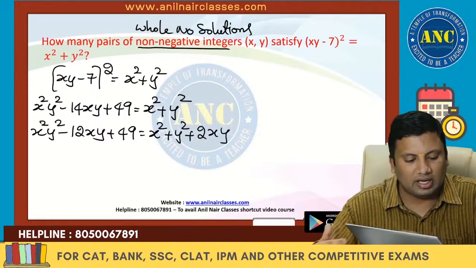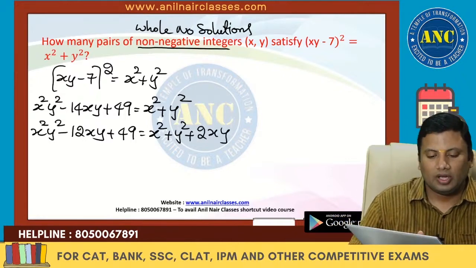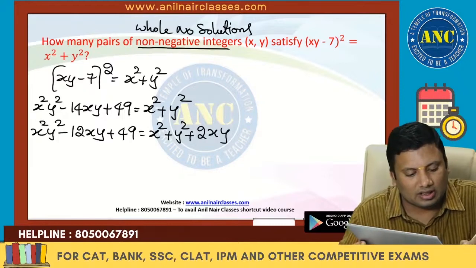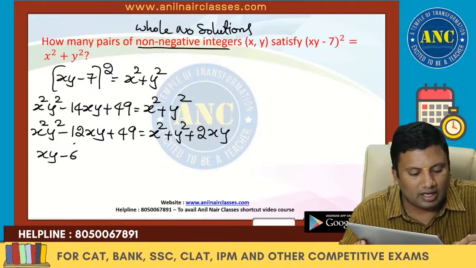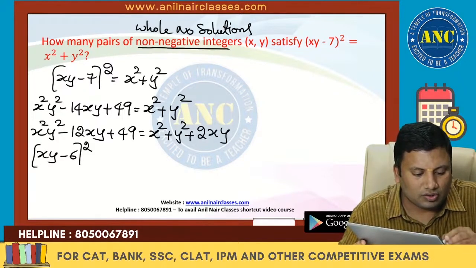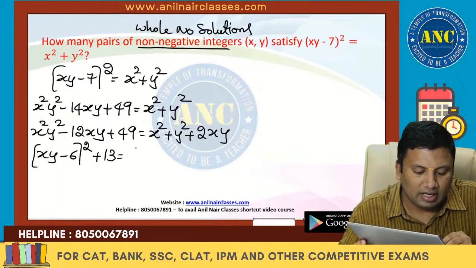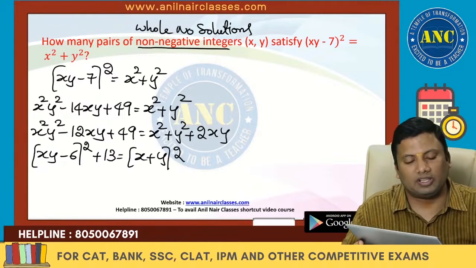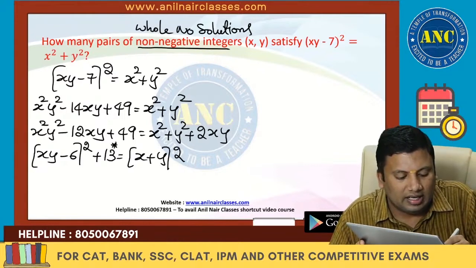I hope it is clear. Idea is clear, right? So this is (xy minus 6) whole square plus 13, which is (x plus y) whole square. 13 again is a prime number.